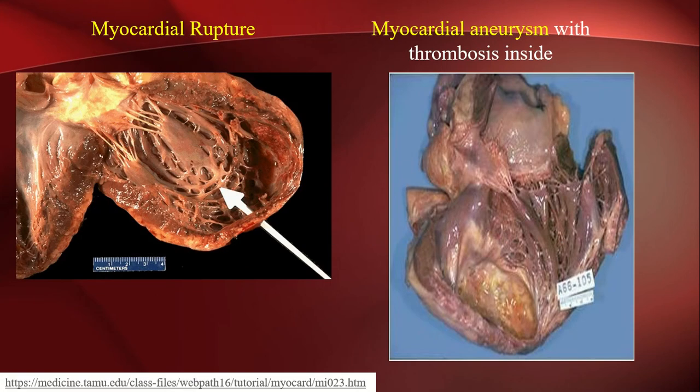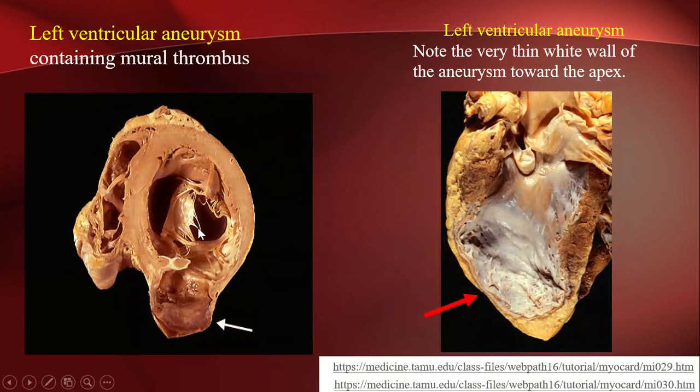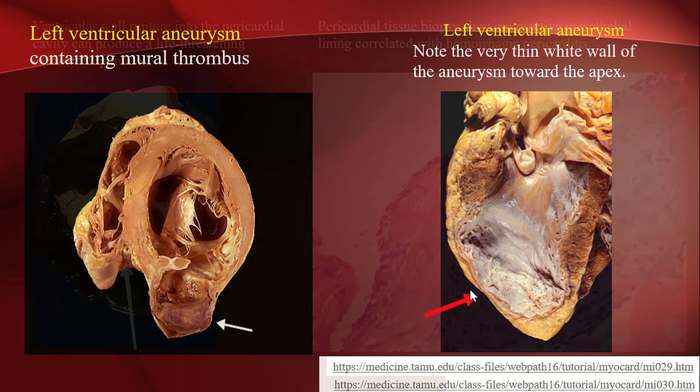Here are some illustrations of the gross view of myocardial rupture, the myocardial aneurysm with thrombosis inside, the left ventricular aneurysm containing the mural thrombus, and left ventricular aneurysm, where you see the very thin white wall of the aneurysm toward the apex here.